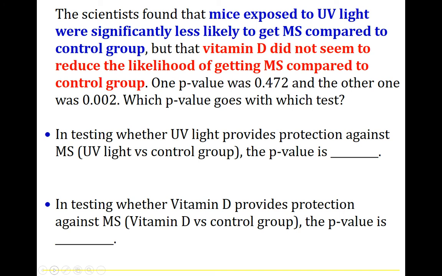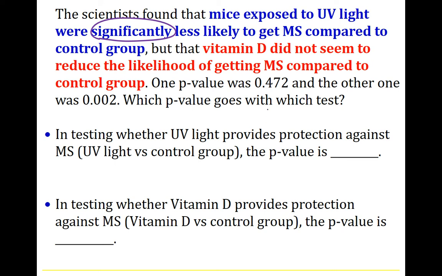The scientists found that mice exposed to the UV light were significantly less likely to get MS. There's that word, significantly less. But the vitamin D did not seem to reduce the likelihood. One p-value was 0.472 and the other value was 0.002. In testing whether the UV light protects against MS, the p-value is, okay, so I go up to the one that says MS, and it says MS was significant, right here, significant.